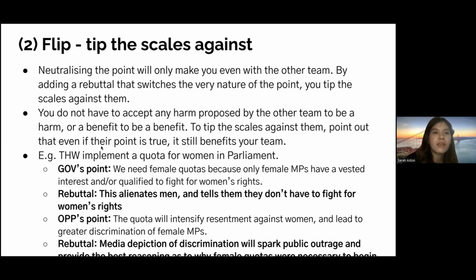So the rebuttal here in terms of tipping the scale is to talk about how if we agree with what Gov says, this alienates men and tells them they don't have to fight for women's rights, because Gov agrees that women are strong enough to be able to make these changes, right?